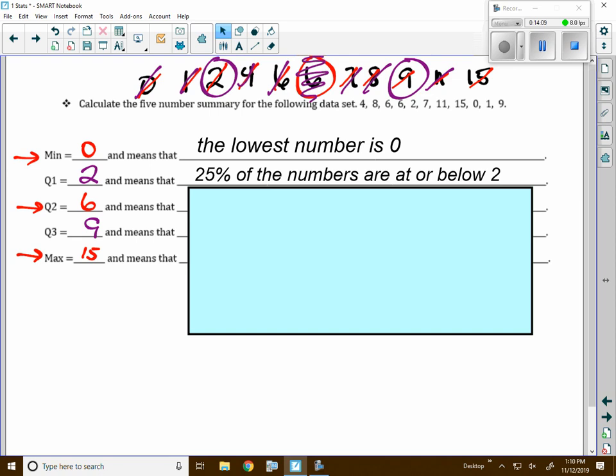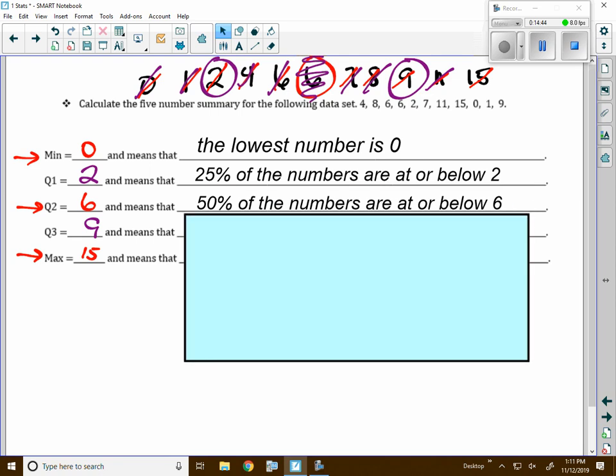See if you can make this sentence for Q2. That's our 50th percentile. Okay, you should have that 50% of the numbers are at or below 6.